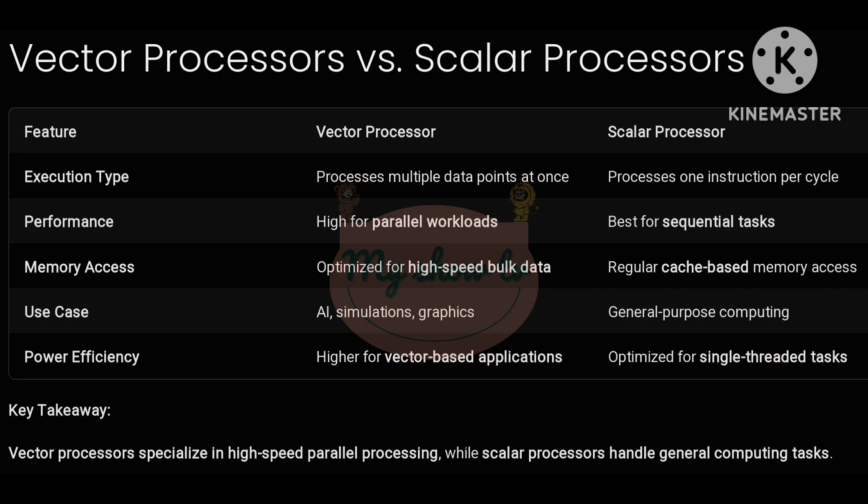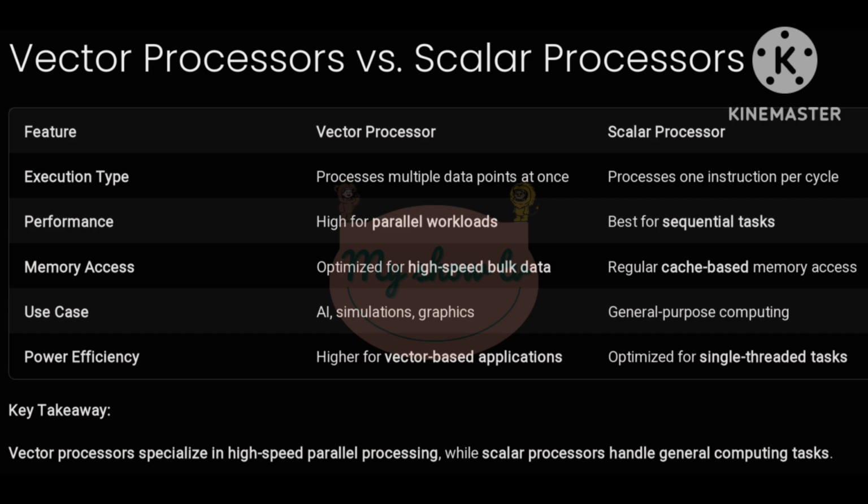Explanation. 1. Execution type. A vector processor processes multiple data points in a single instruction, making it efficient for parallel operations. A scalar processor, on the other hand, executes one instruction per cycle, making it suitable for sequential tasks where operations need to be processed one at a time. 2.